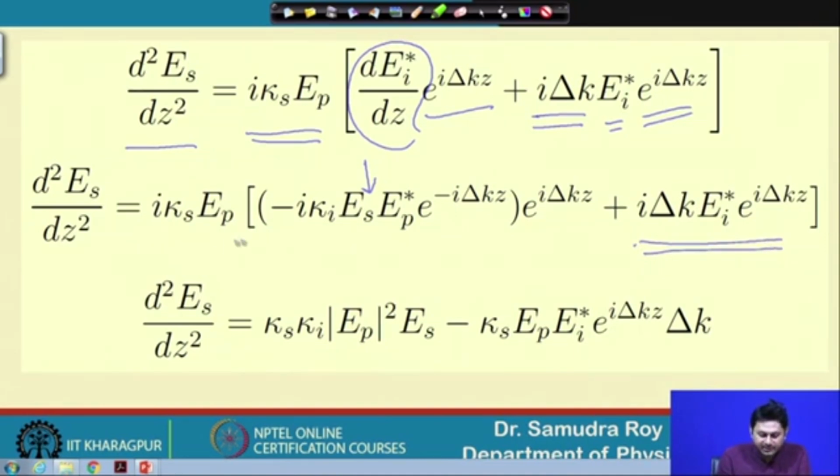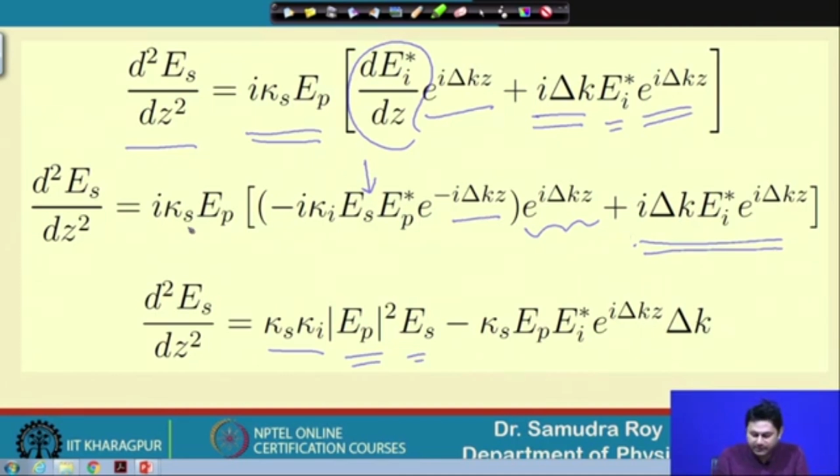When I replace this, I will now have two terms, this plus this. If I multiply the first term by i kappa_s E_p, I get i times minus i equal to 1, so kappa_s kappa_i, and E_p star gives me the modulus of E_p squared, and E_s. The exponential i delta k z will cancel with the e to the power minus i delta k z term, which are reciprocal to each other.